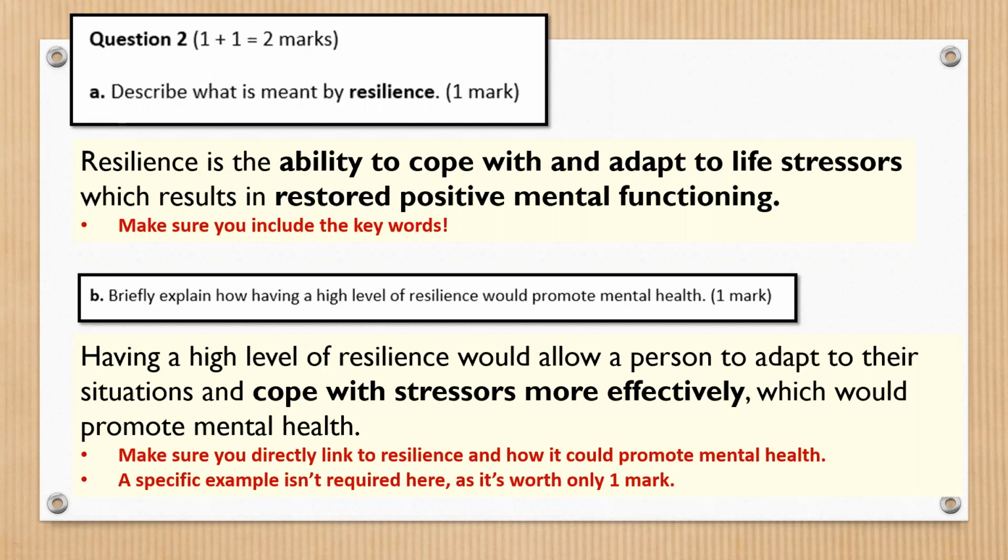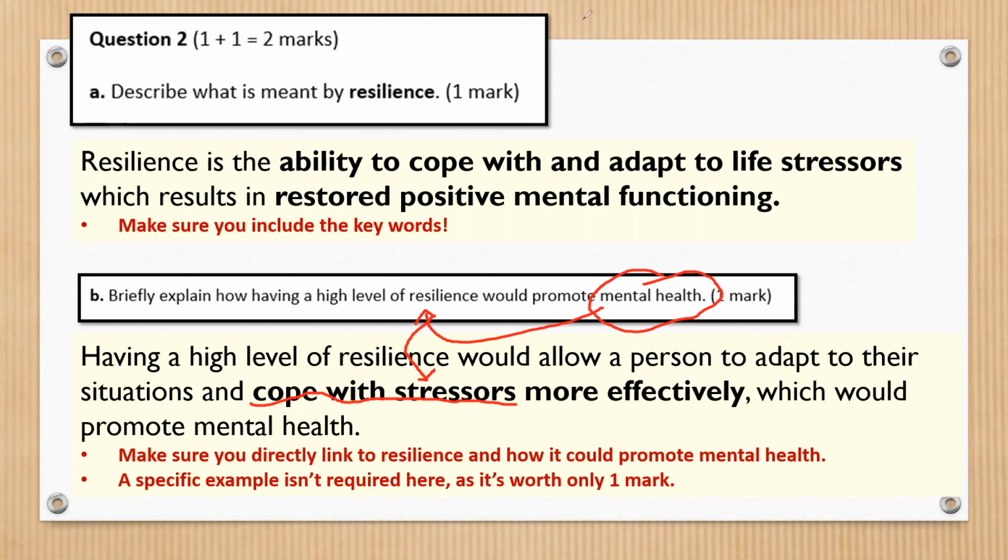So we've got one of those components talking about coping with stress. So we're making that link between one of the components in our mental health definition and how somebody with resilience would show that particular characteristic. That's all we have to do in this question here.